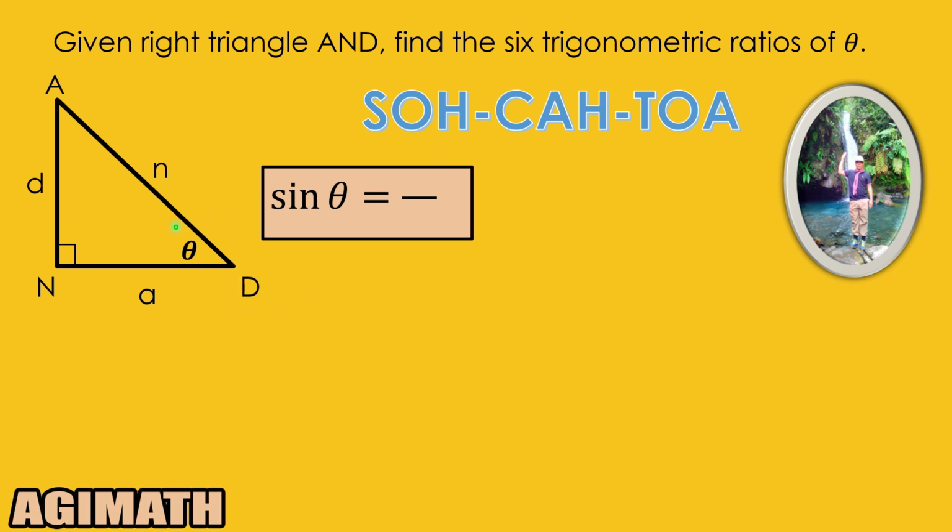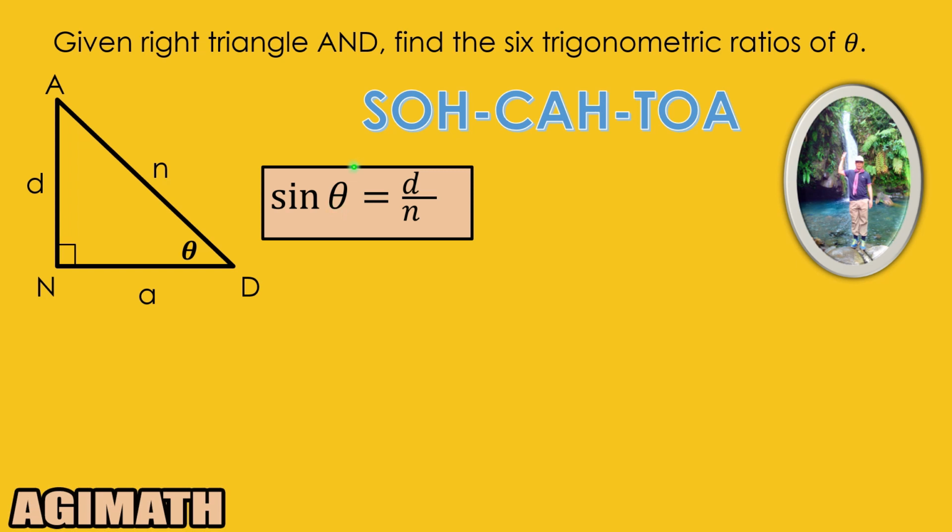You look at the angle, you ask yourselves, what is the opposite side of this angle? So when you say opposite, just look at directly what's the opposite, and that is side D. And then after that, you ask yourselves again, what is the hypotenuse? Hypotenuse is always N. So that is sine theta is equal to D over N.